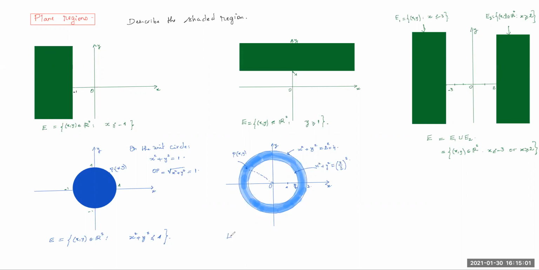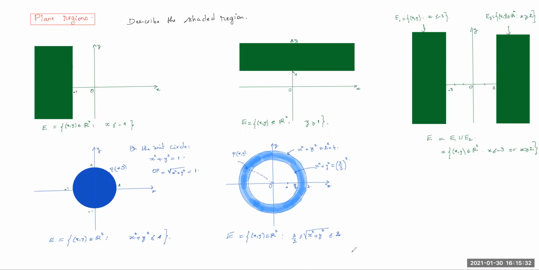So you can describe your set as the set of (x, y) in R² such that, in terms of distance, 3/2 is less than the distance, less than 2.